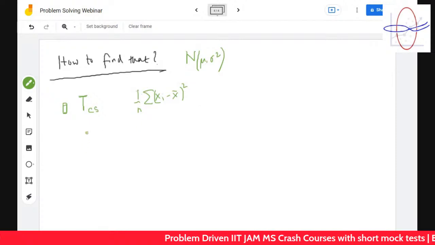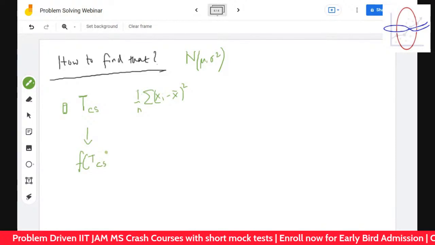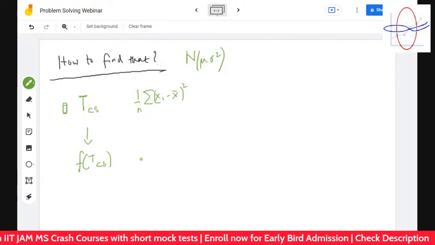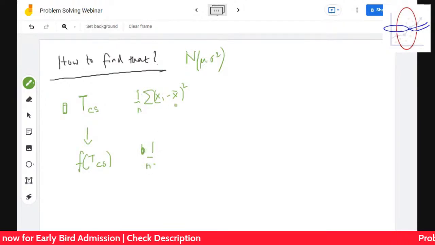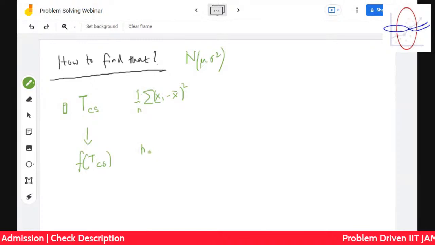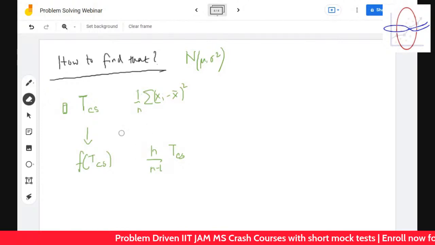So you find a function of T_CS which is unbiased, right? So it is easier to do in that sense. You multiply it by n by n minus 1, so you get n by n minus 1 times T_CS.